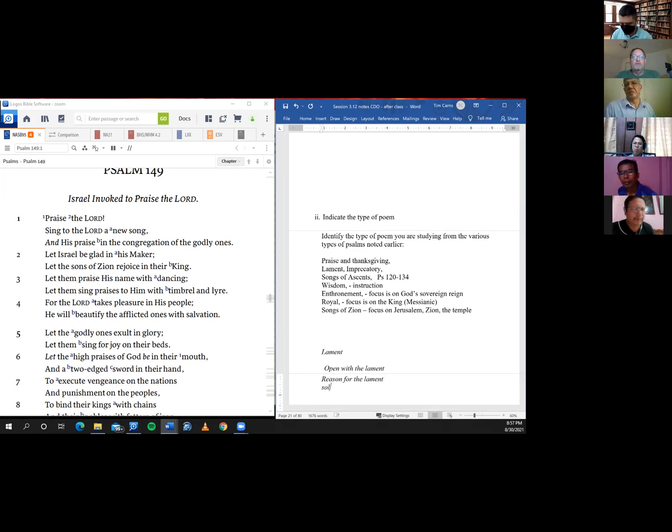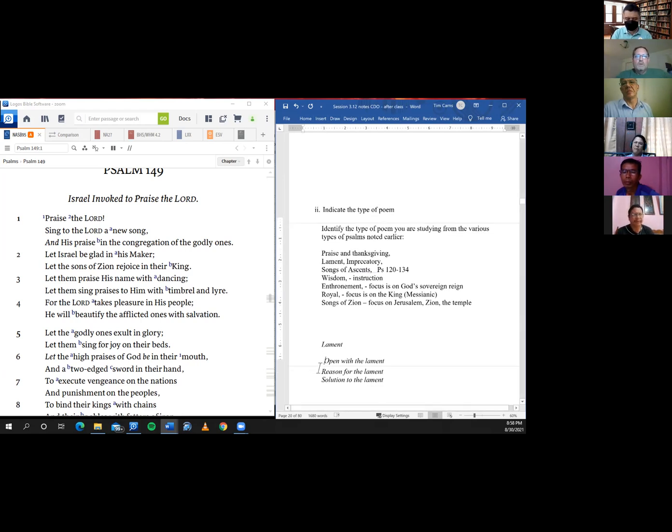And then it will have the solution to the lament. And that's a typical structure for a lament psalm. So knowing that it's a lament, you should expect to see this structure. If there's something different about it, then consider why there is a difference from what we would expect.